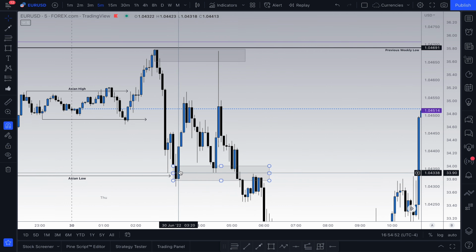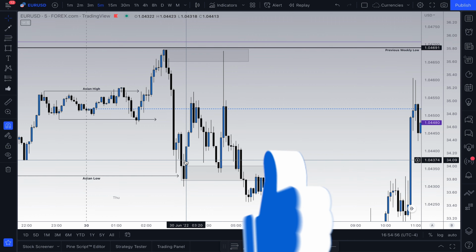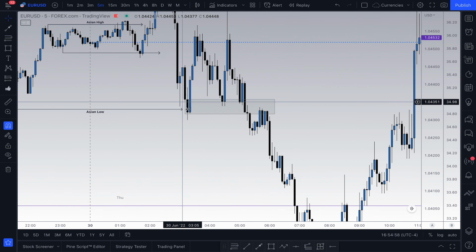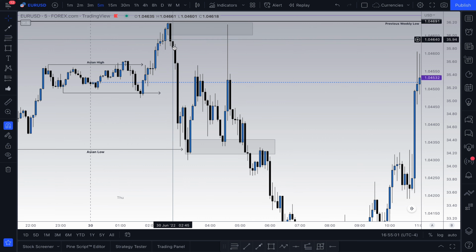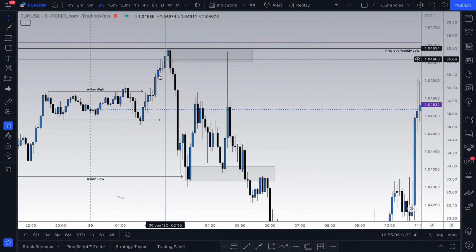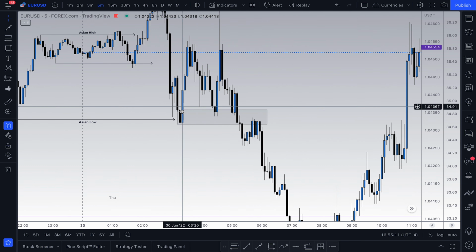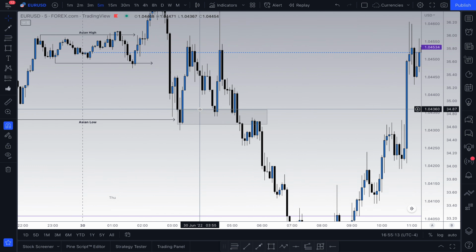Now, this demand zone here, this wouldn't necessarily be a trade that I would look to take if I've taken that bearish order block, especially since we purged the Asian high so convincingly and we broke that structure. I would have been out of that trade. I wouldn't have counter traded that, which there are some people that can do that.